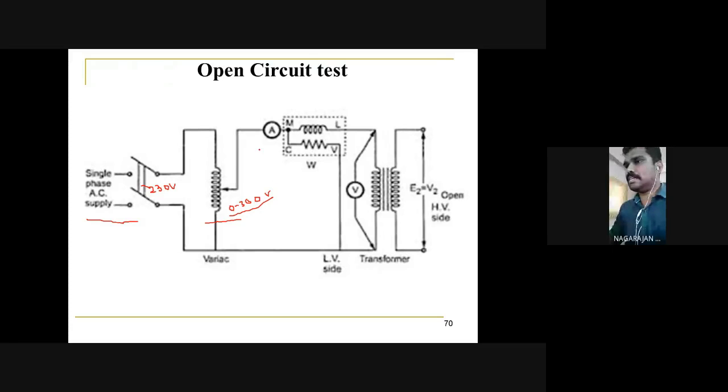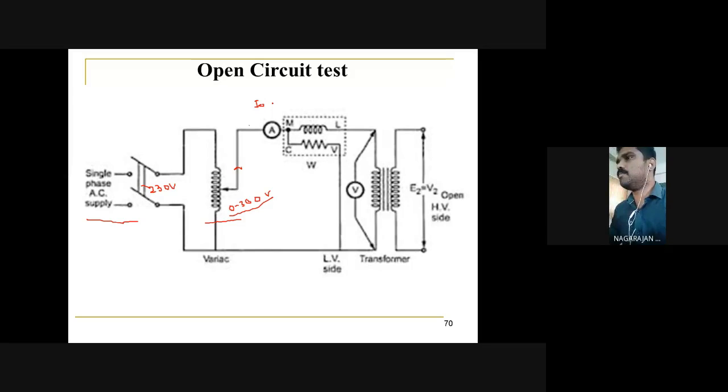When I increase the output voltage of this auto transformer, the current will start to pass. Initially it has to start from 0, and the current passes through the ammeter and wattmeter and goes to the low voltage winding. When current passes through this, I'll mark it as I naught, the no load current.